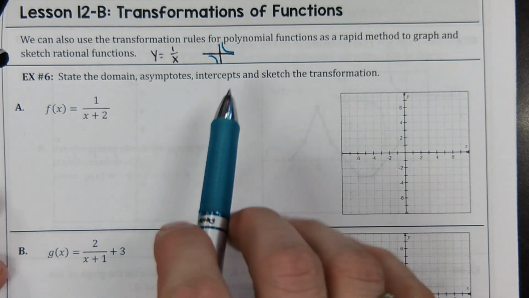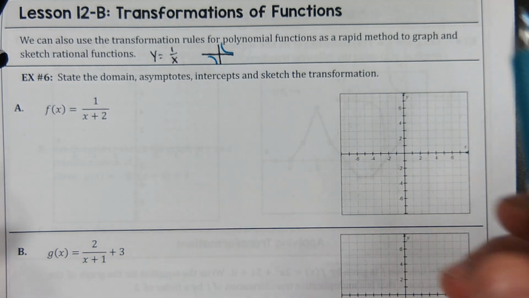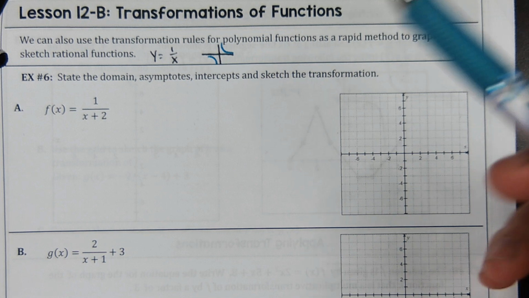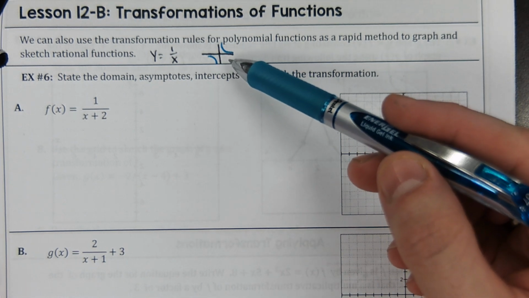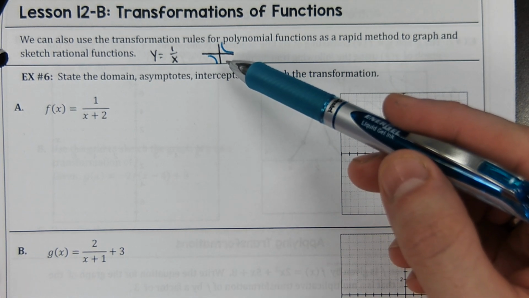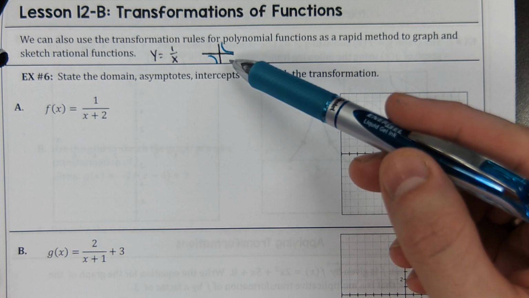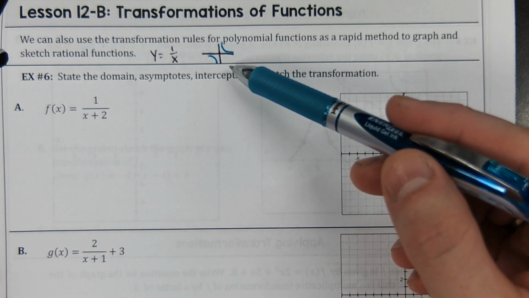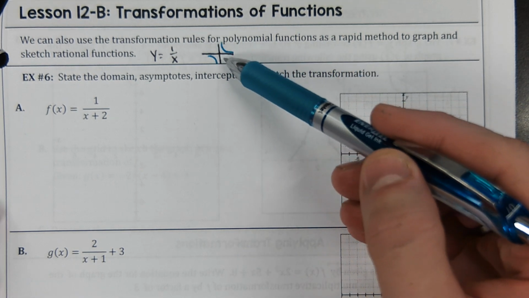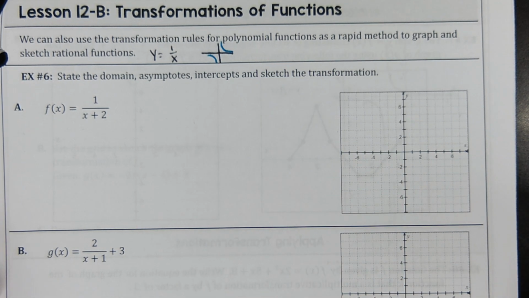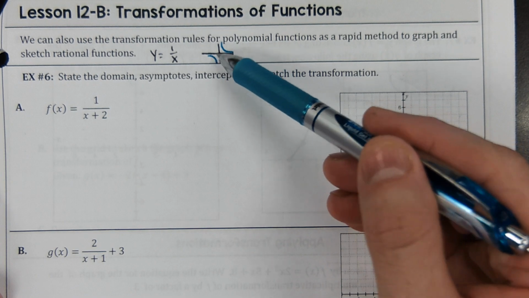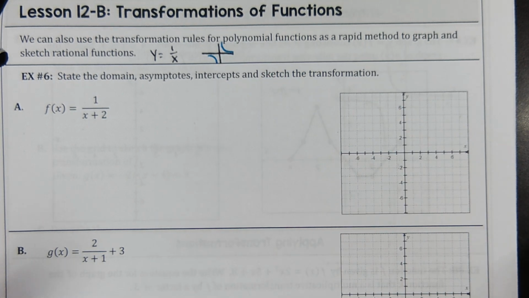Shifting up and down will shift this horizontal asymptote up and down. This is an odd function. So reflecting it over the x-axis is exactly the same thing as reflecting it over the y-axis. Either one of the reflections would put the curves here and here. So if you do both reflections, it changes nothing. Okay?